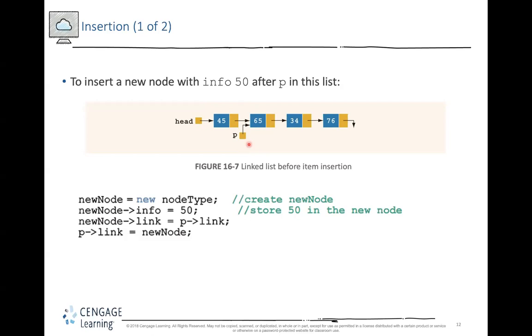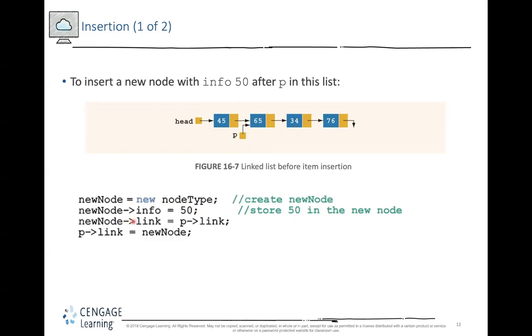So first of all, let's construct a new node. We'll make a new node, and the value of the info is 50. And what would be the link? The link of the new node, if we're going to insert this right after P, means the new node should point to that node that's right next to P. So imagine we have a node here that needs to point to this 34.